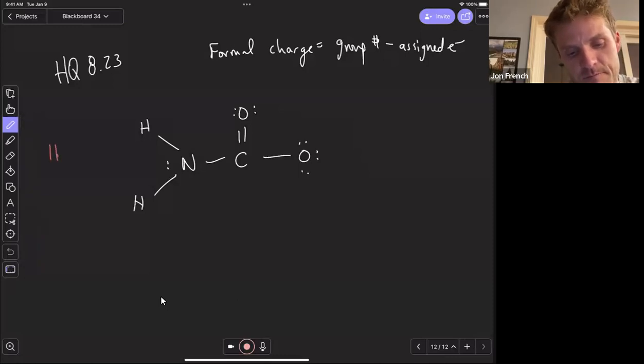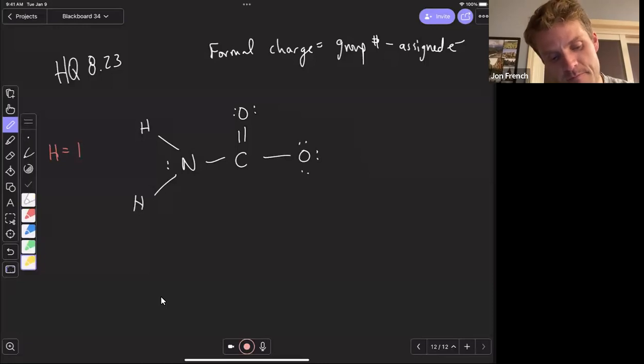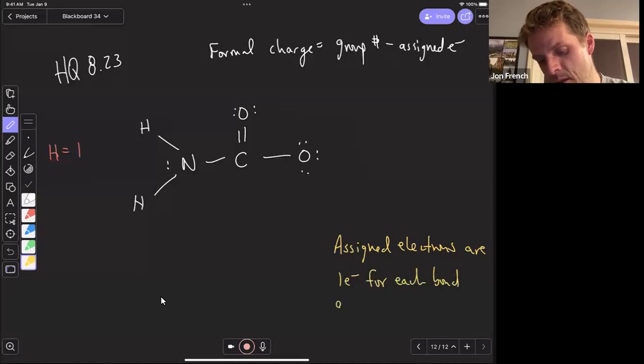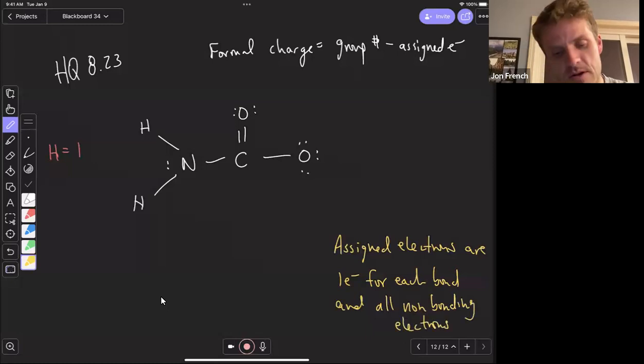Hydrogen, it's group 1, and all of these hydrogens have 1 electron, right? Because an assigned electron is one electron for each bond, and all non-bonding electrons.